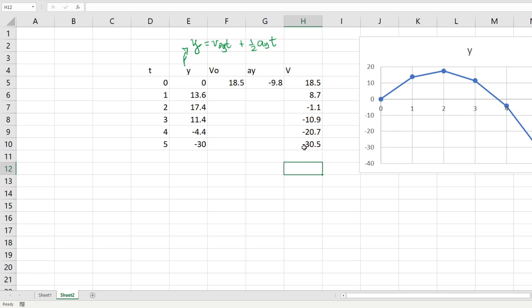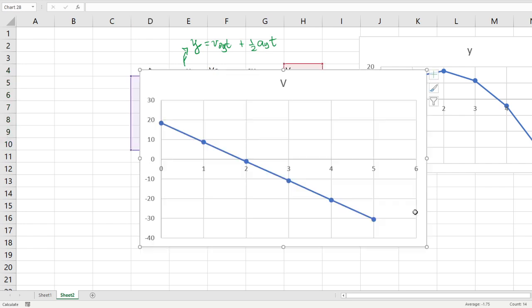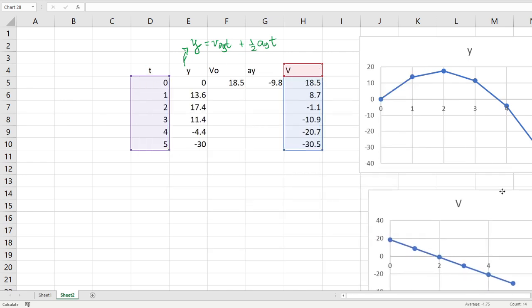To get the velocity time graph, highlight it again and recommend the chart, and again we choose the scatter graph. So there you have it.